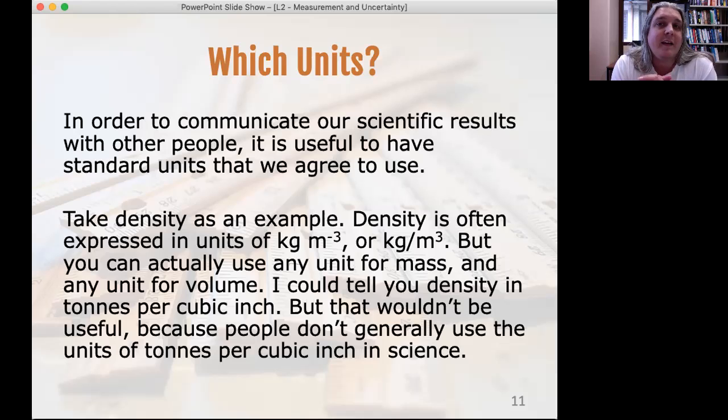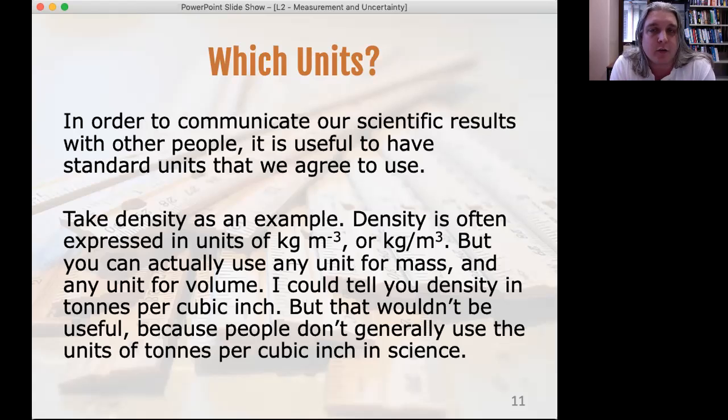You could use any unit for mass. You don't have to use kilogram. You could use gram. You could use ton. And you don't have to use cubic meter. You could use any unit for volume. You could use cubic inch. You could use litre. You could use milliliter. You could use whatever you want. So I could tell you density in tons per cubic inch, and that would technically be correct, but it's useless because people don't know what tons per cubic inch are offhand.